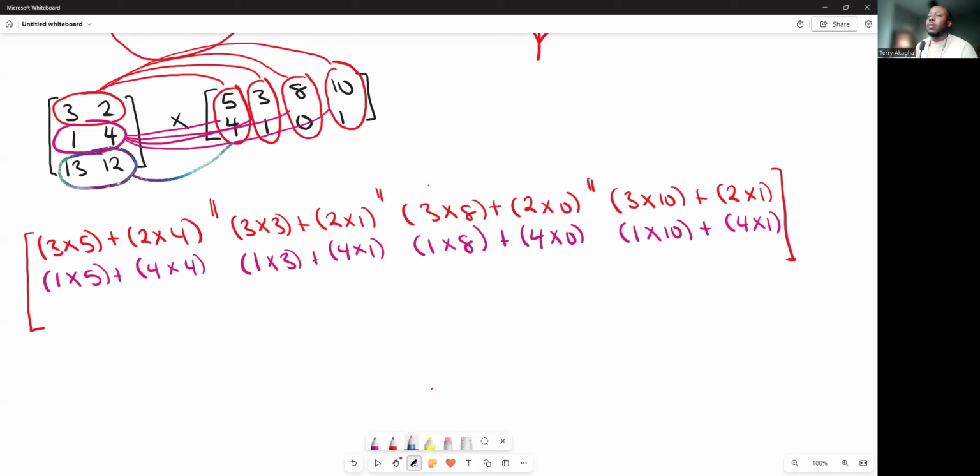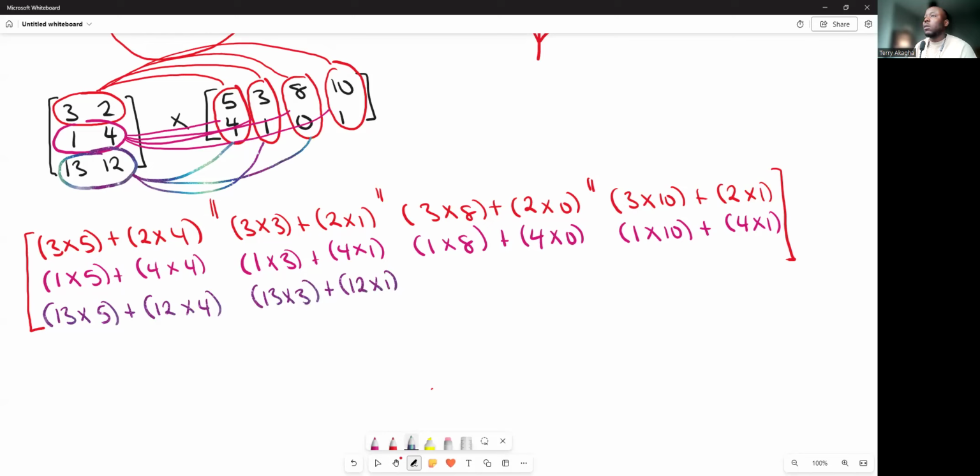It's going to become 13 times 5 plus 12 times 4. Then we'll go to the next one. So we have 13 times 3 plus 12 times 1. Then we go to the next one.